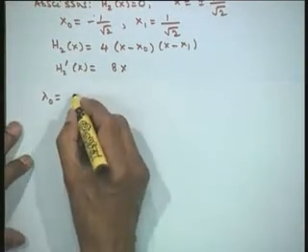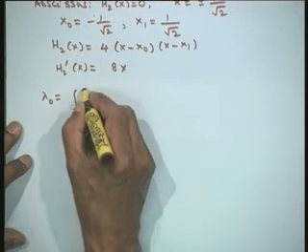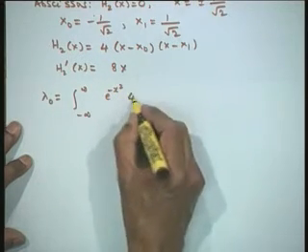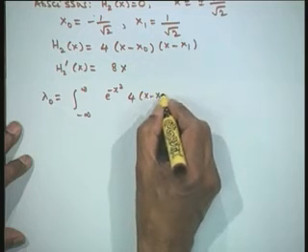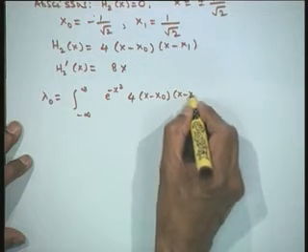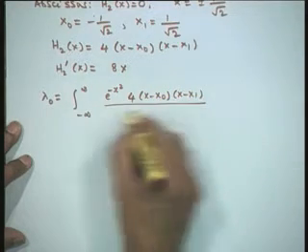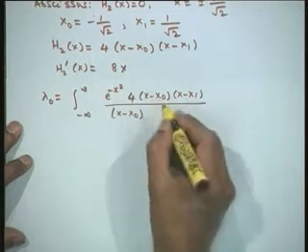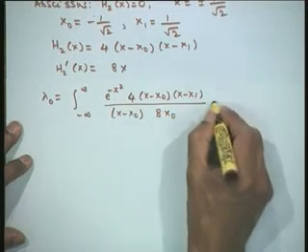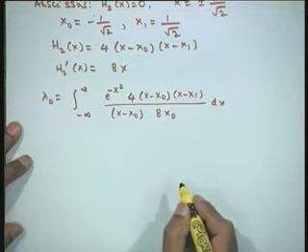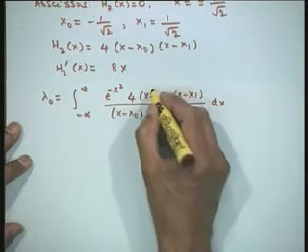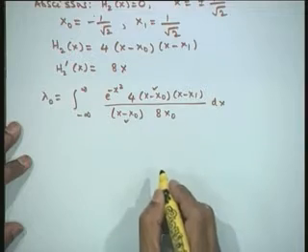So, let us write down lambda 0, that is minus infinity to infinity exponential of minus x squared into h2(x), which is x minus x0, x minus x1, divided by x minus x0, and derivative is 8x, therefore 8x0. Now, x minus x0 cancels with x minus x0.